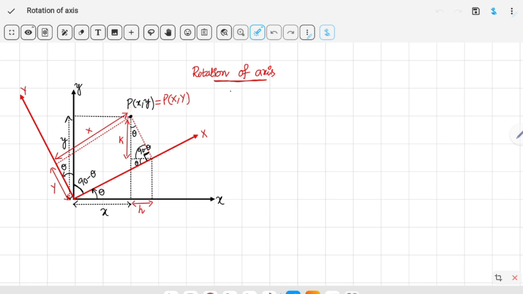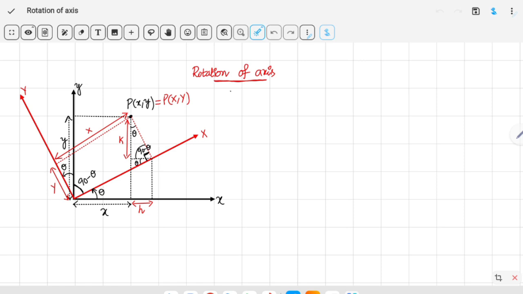Now I have rotated the axes by an angle of theta in the anti-clockwise direction, let us say. So this is the angle by which the coordinate system is rotated. When the coordinate system is rotated, the point will not change.